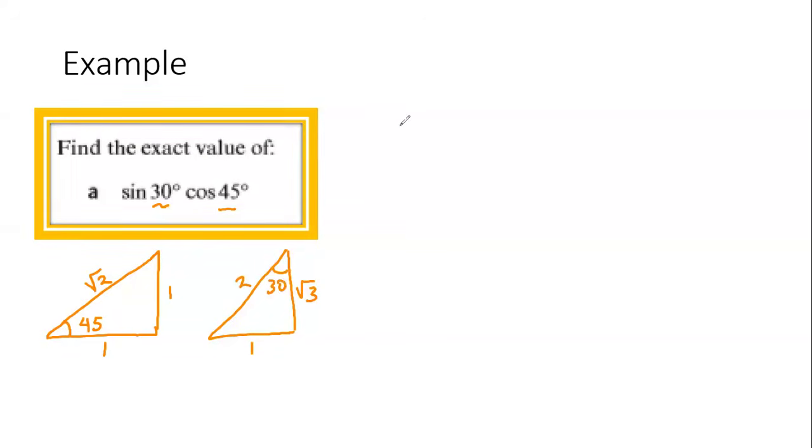Now, they have told us to find the exact value of sine of 30 times cos of 45. What does it mean? Substituting the way you have them. Sine of 30 is given by opposite out of hypotenuse.